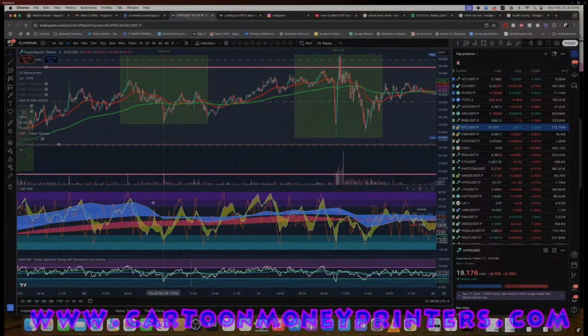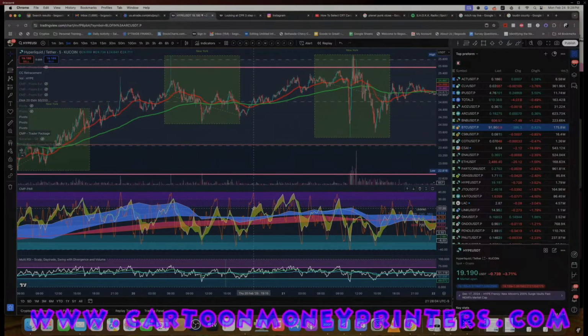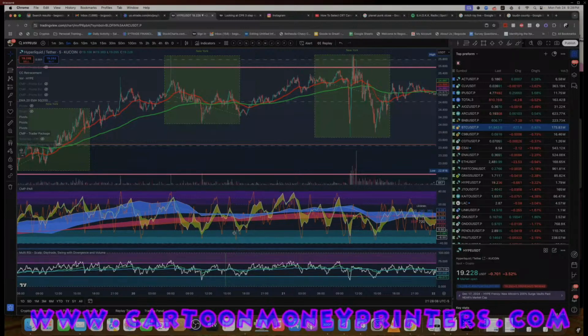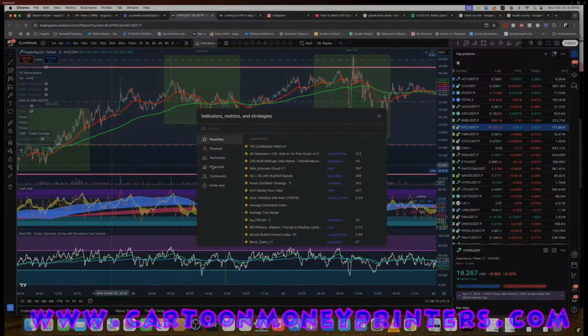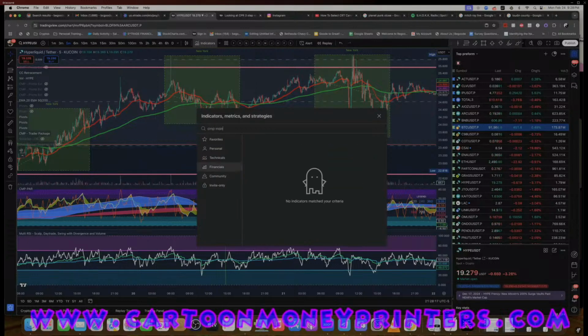So I couldn't have traded that probably, not based off of PAR. Let's see what the Money Minter did on that one. Gator. I just go to invite only.